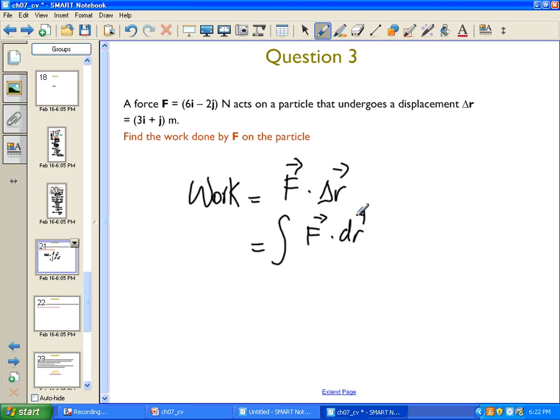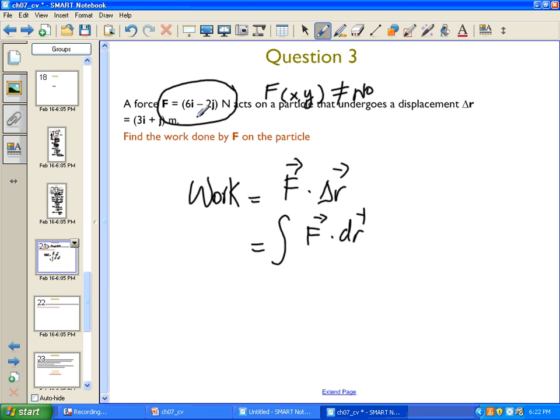What is appropriate here? Well, look at the form of the force. Does it have an xy dependence? In other words, is the force F a function of x and or y? The answer is no. The way we know this is, we have 6I hat minus 2j hat.